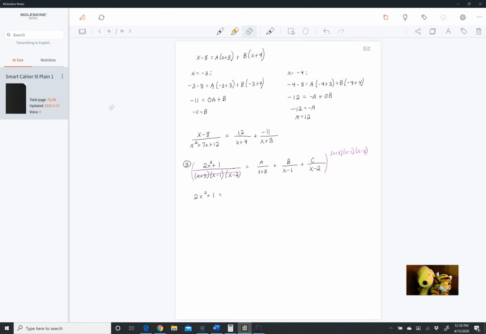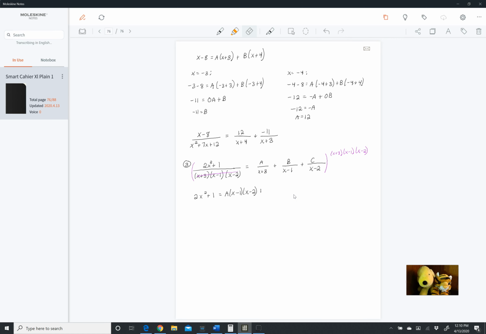is equal to a. And this time, not more cancels. Sorry, not everything cancels. It's not as simple, right? We're left with an x minus 1 and an x minus 2. The x plus 3 canceled, but we still have 2 factors left.